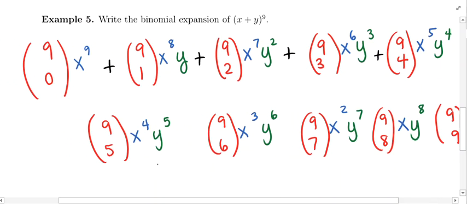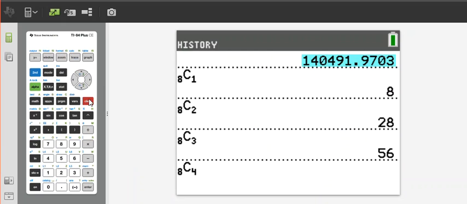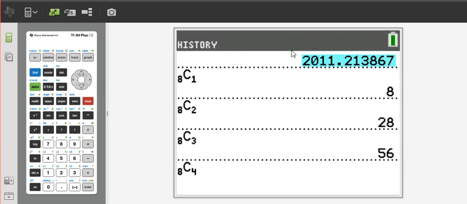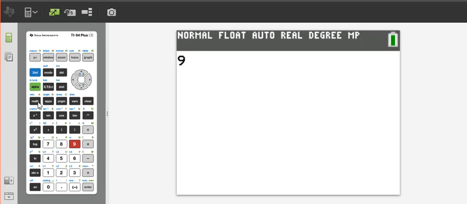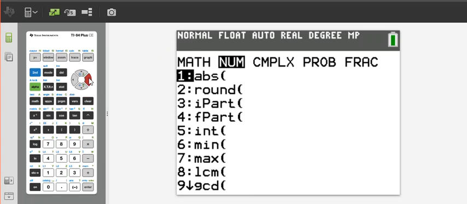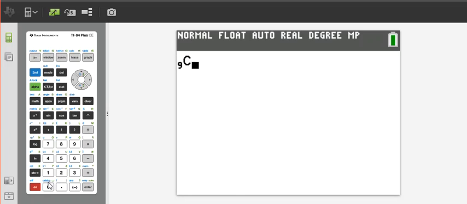And then you can just go to your calculator and compute the binomial coefficients. Let's go here. We are going to start with 9 choose 0. Anytime you choose 0, it should be 1. And then we'll just keep computing.